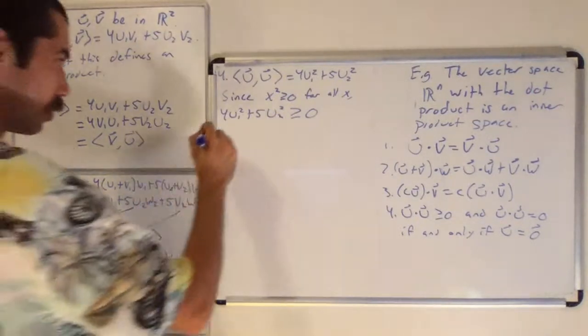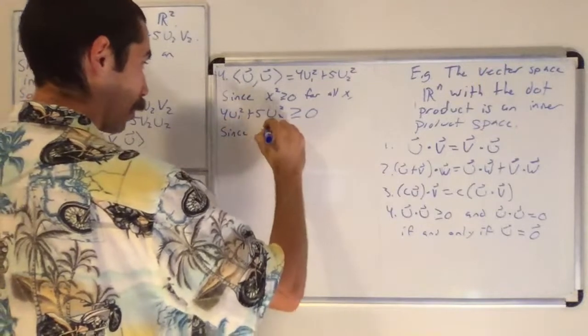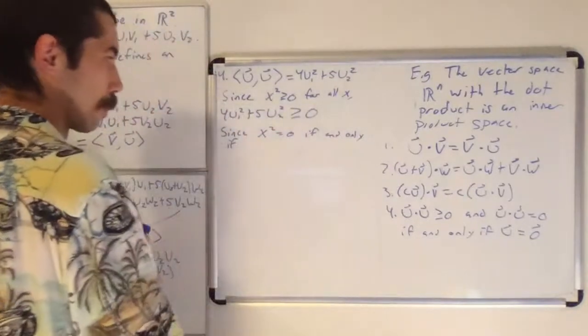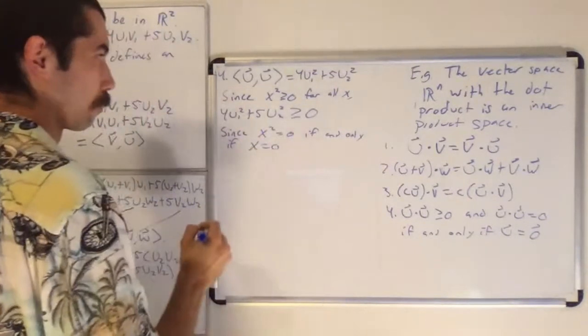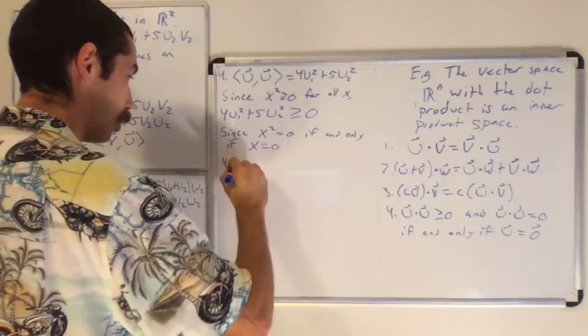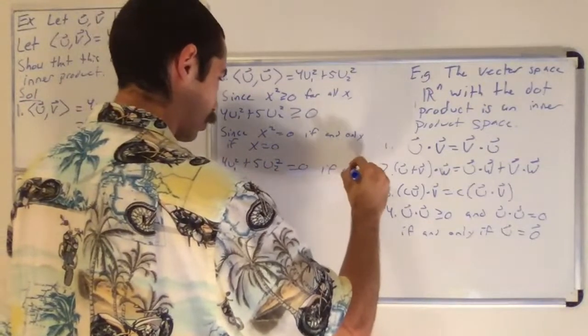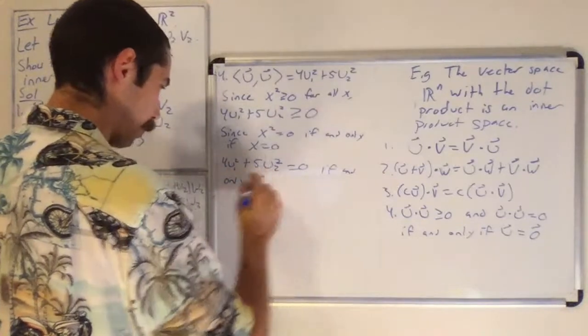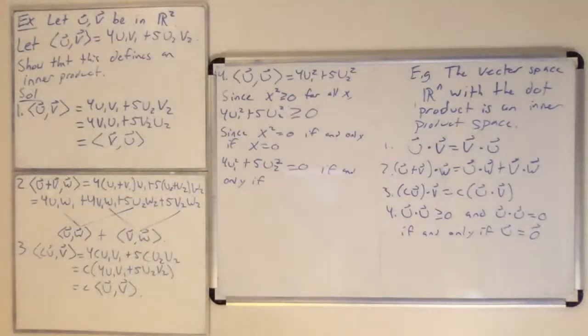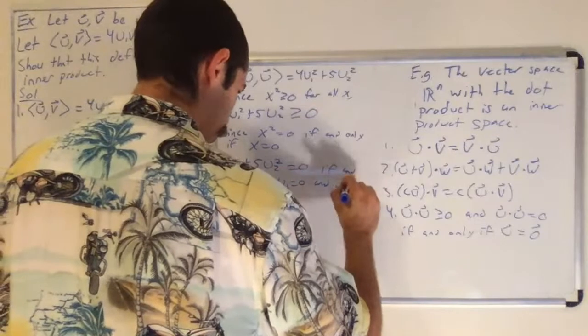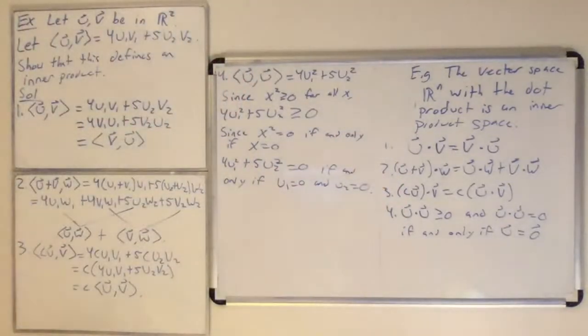And since x squared equals 0 if and only if x equals 0, 4u1 squared plus 5u2 squared equals 0 if and only if u1 equals 0 and u2 equals 0. Okay?